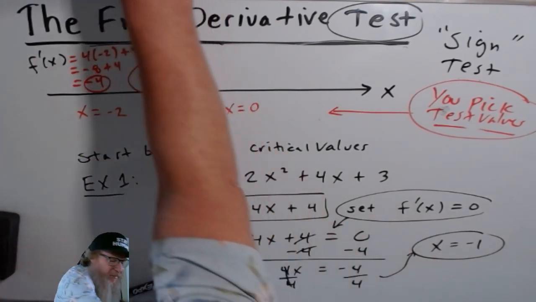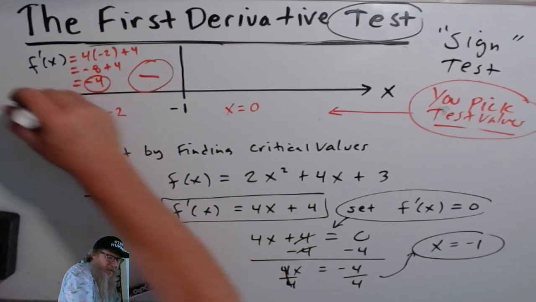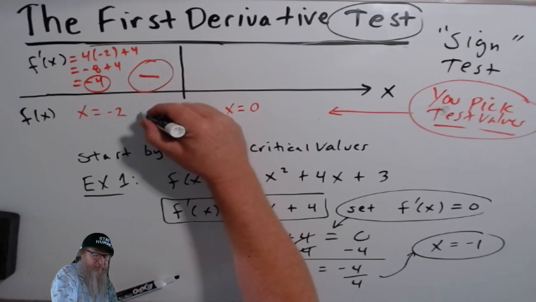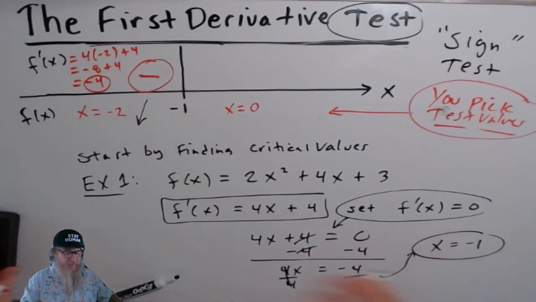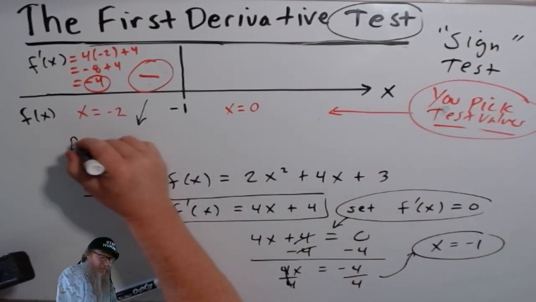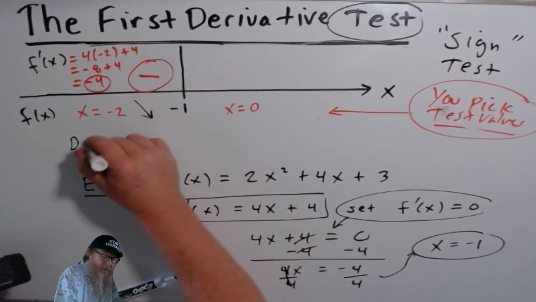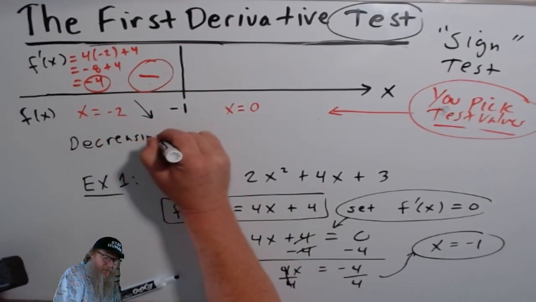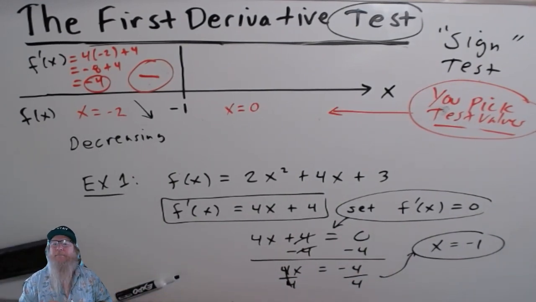And so this test value tells you that the derivative is negative. And so that means the function is decreasing.